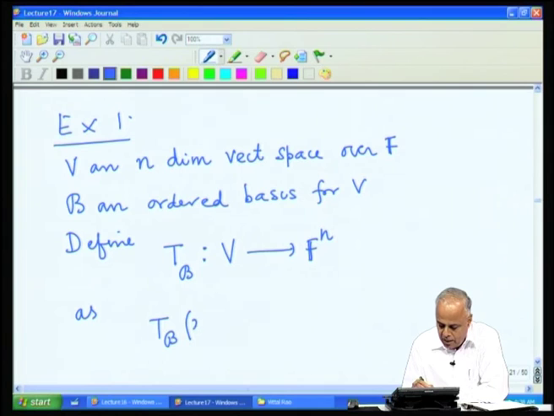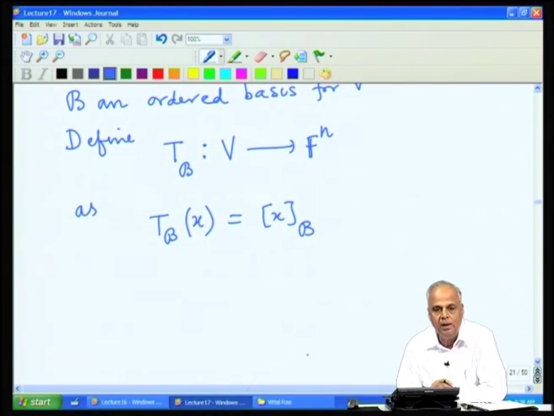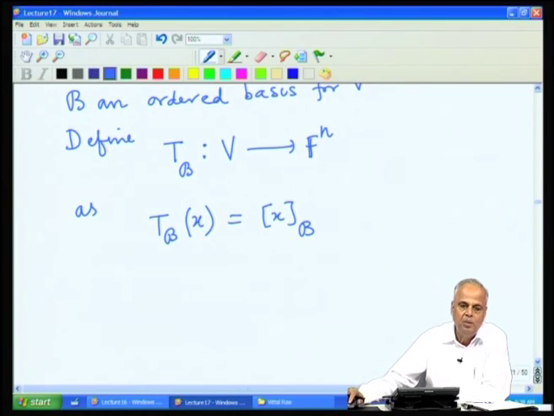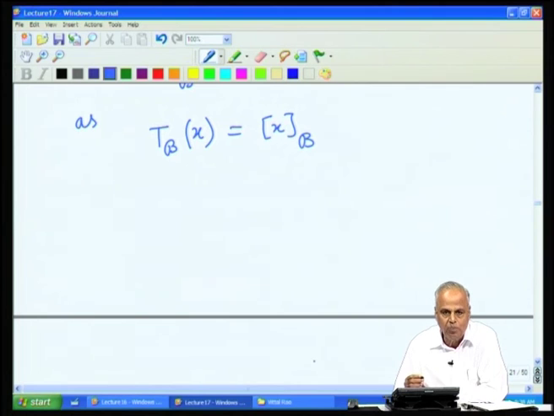How is it defined? It takes the vector x in V to its basis representation, T B of x equals x B. And we have seen that this identification preserves addition and scalar multiplication. This is what motivated us the definition of linear transformations.